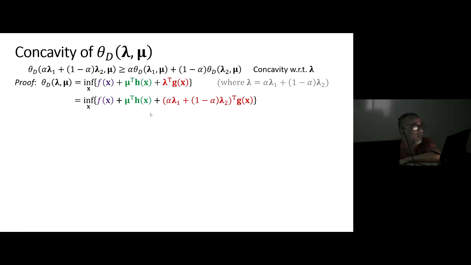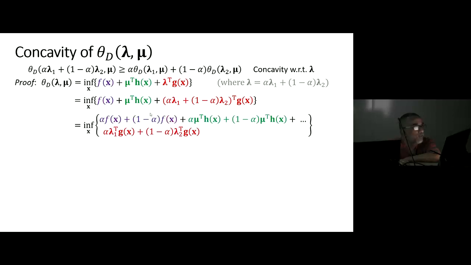Okay, and then what I'll do is, this f of x, I will split it into alpha f of x and 1 minus alpha f of x. And I'll do the same thing with this second term here. Mu transpose h of x, I've again divided it up into alpha mu transpose h of x and 1 minus alpha mu transpose h of x.